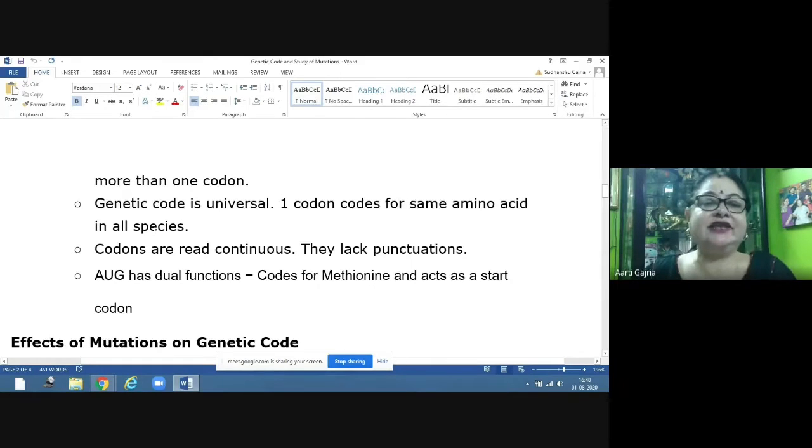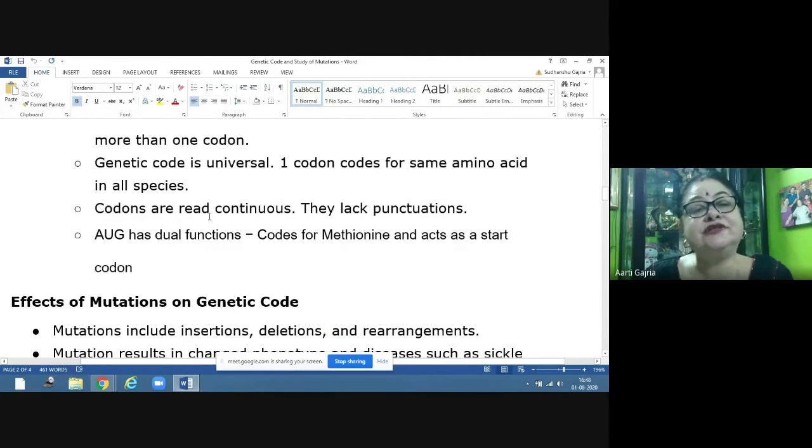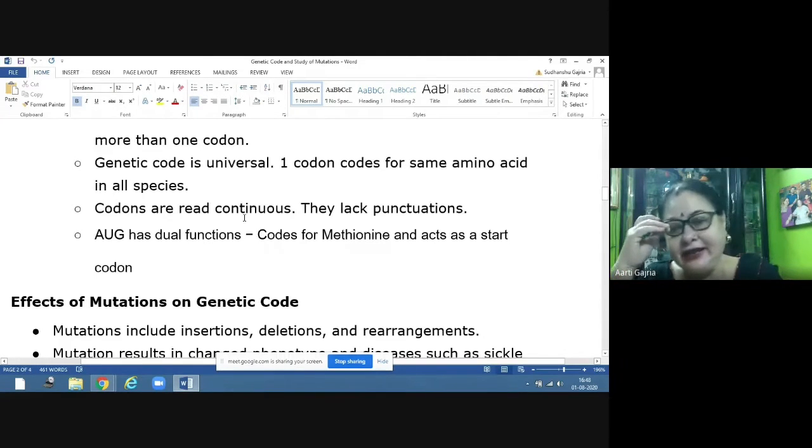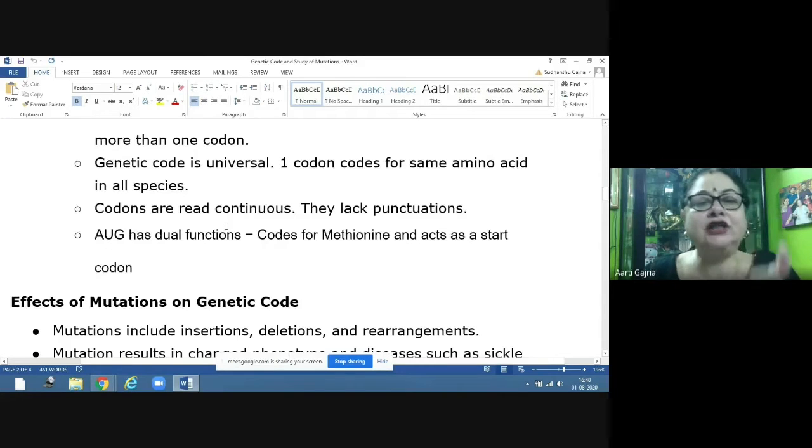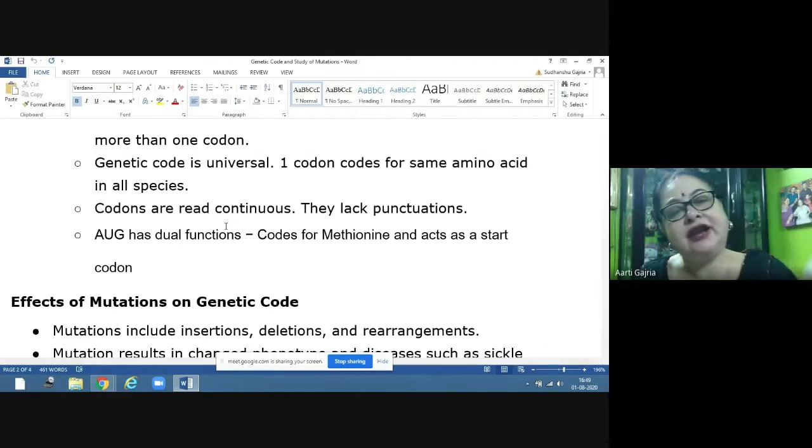So these three are the properties of genetic code because they are very, very specific. Now another thing is that codons are read continuously. They lack punctuation. If we have to read a genetic code, we will not say A and UG. No, we will say AUG, all three together without any punctuation. So they are read continuously.